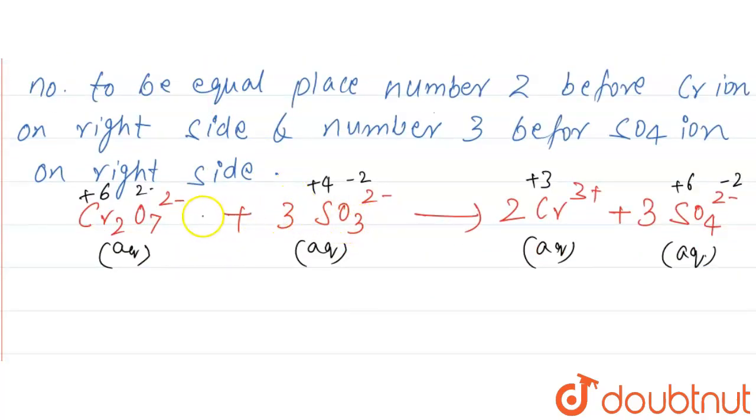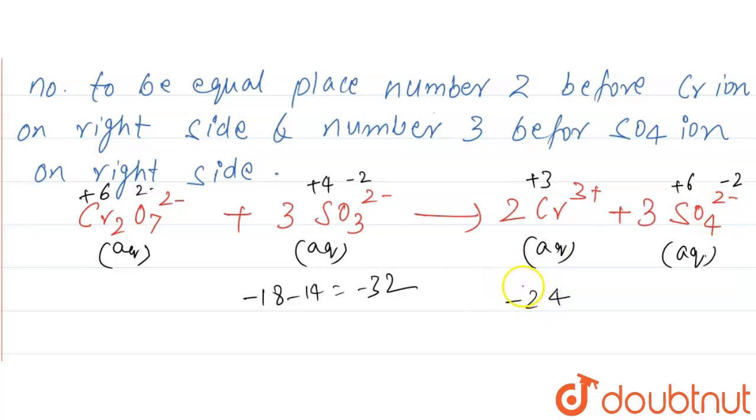We have to just check the total charge on oxygen. Here it is -18 and here it is -14, total is -32. Here it is 4 into 3, 12, oxygen is 4 into 3, 12, into 2 minus, 24.